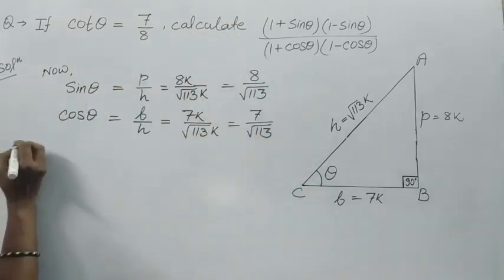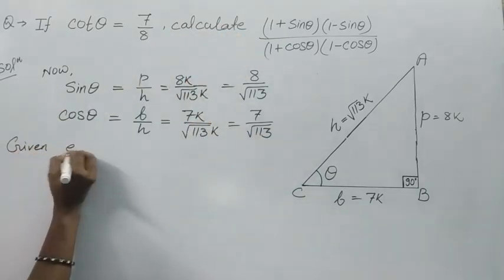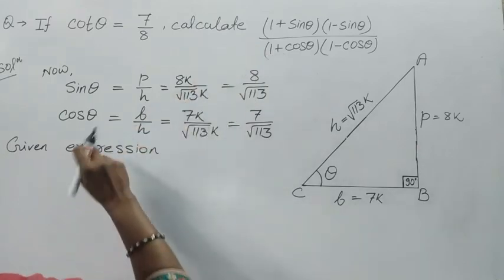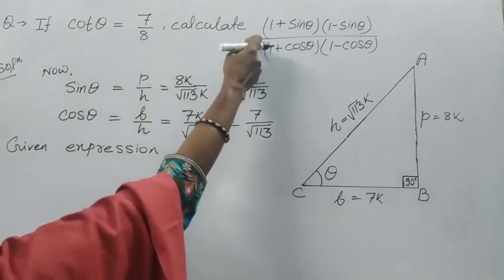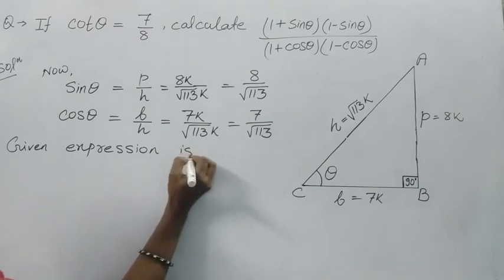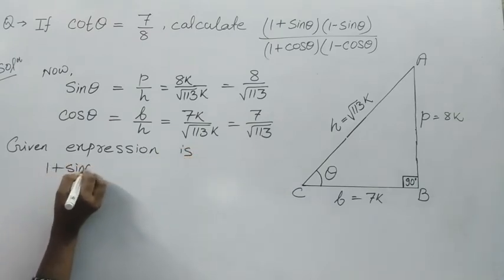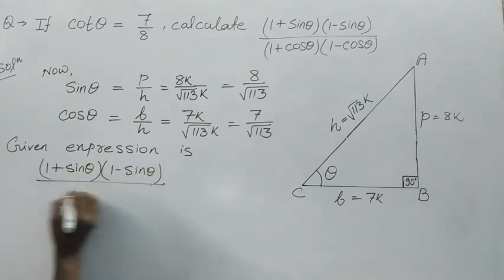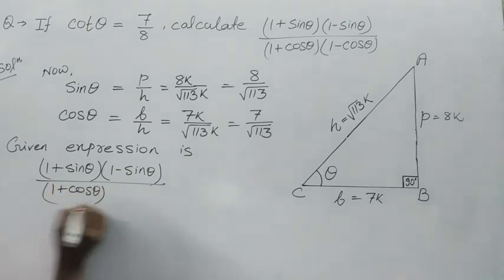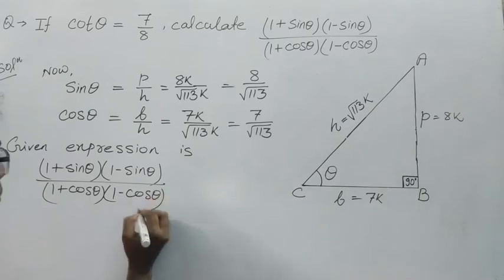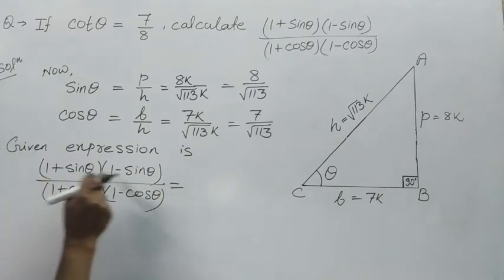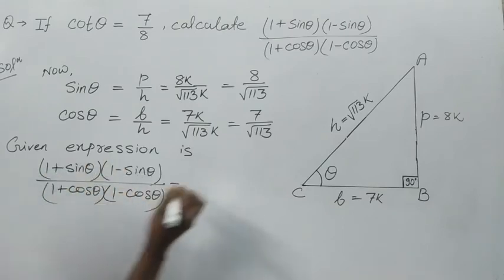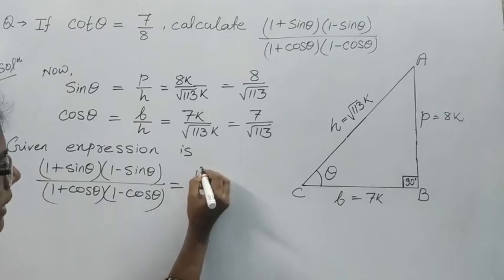Now the given expression is... we can also solve it by another method, but since this is this kind of question, we want to first form it in terms of values. Given expression is... since the above terms are written in the form of a plus b, a minus b, after multiplication we get a square minus b square.